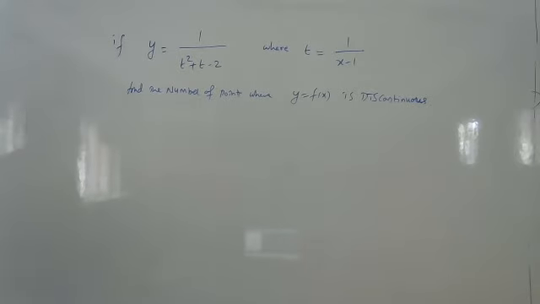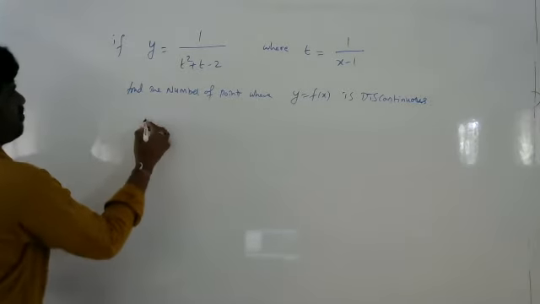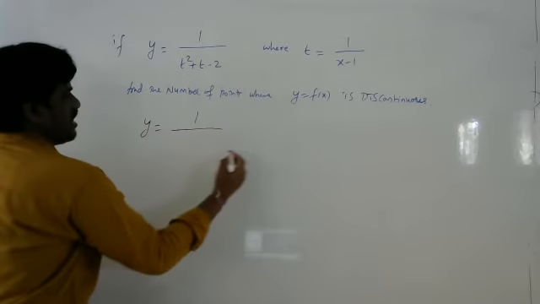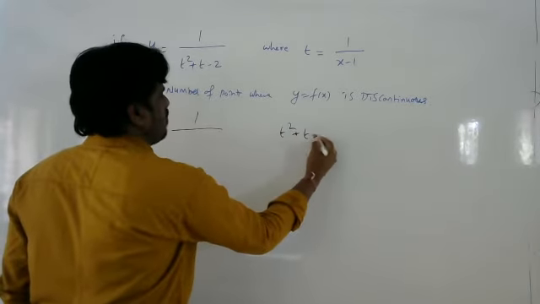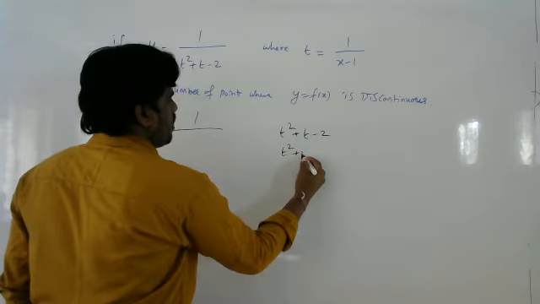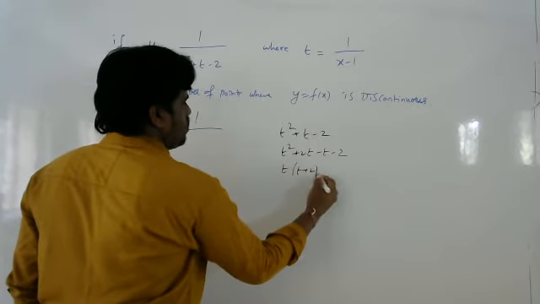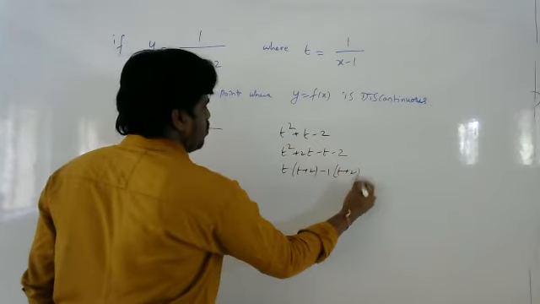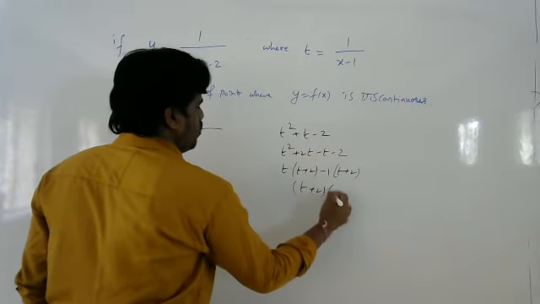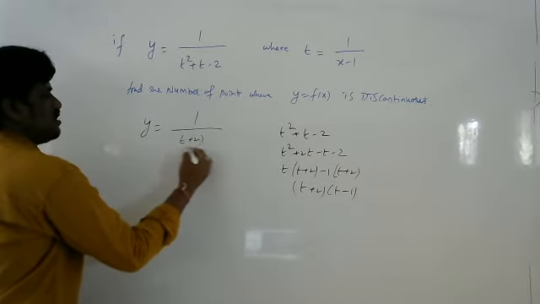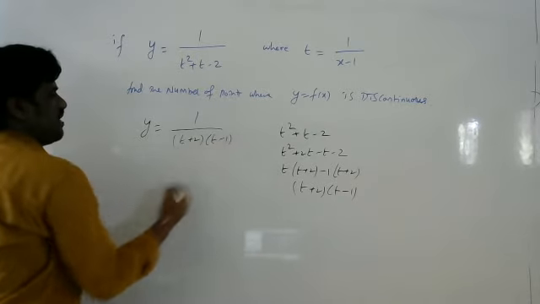Now you just try to make this function into factors. t square plus t minus 2 I can write as t square plus 2t minus t minus 2, t common out, t plus 2, minus 1 common out, t plus 2. You get t plus 2 into t minus 1 as the factors.